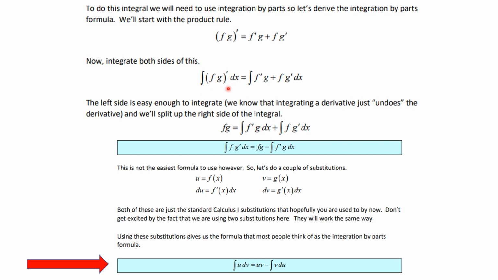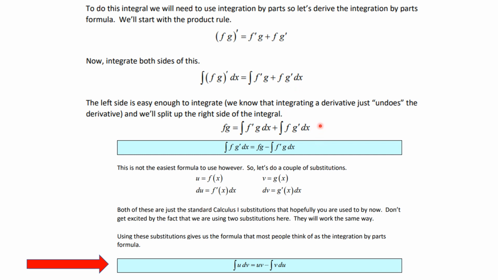The integral of the derivative of fg is just fg, and the integral of the sum is the sum of the integrals.